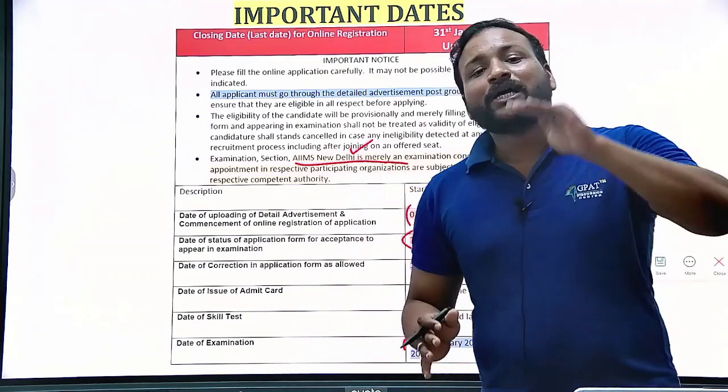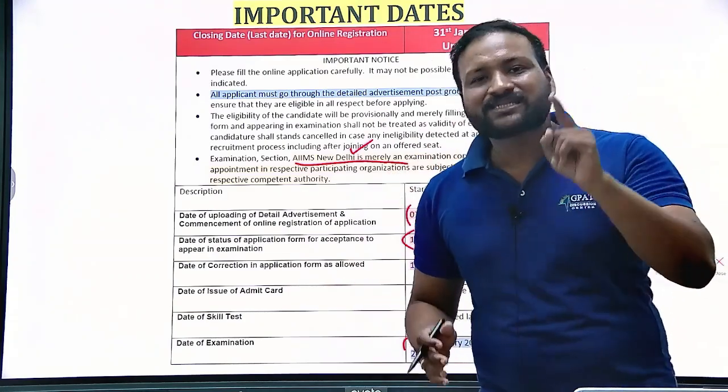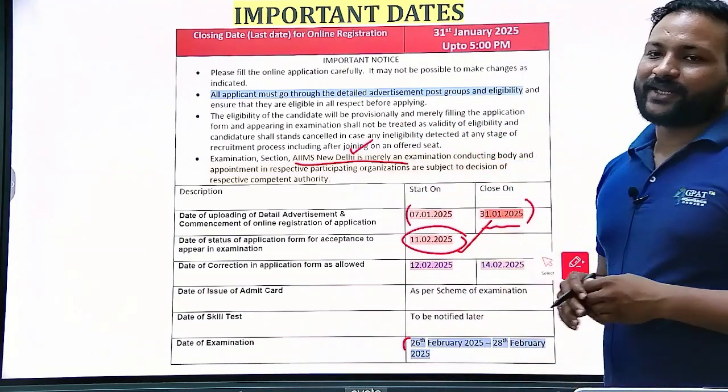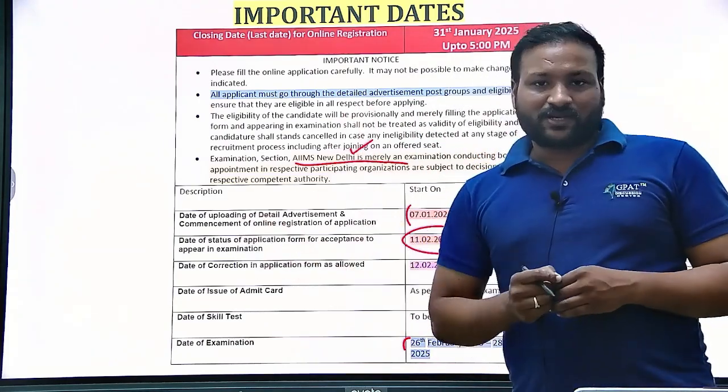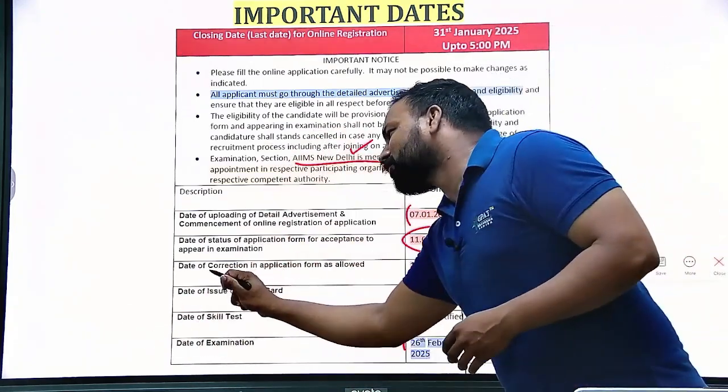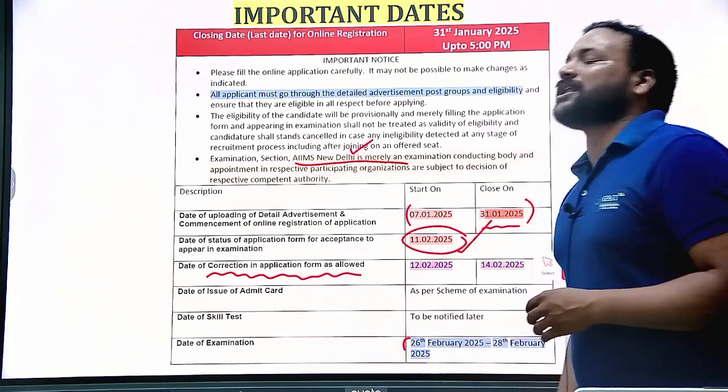Then only you need to confirm your application has been submitted. After that 11th February, there is another portal option that is going to open, that is nothing but the date of correction in application form as allowed.